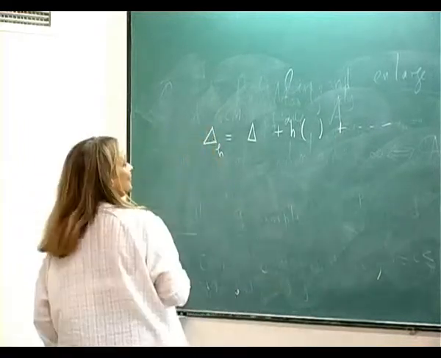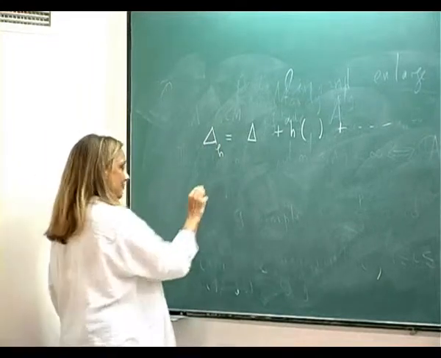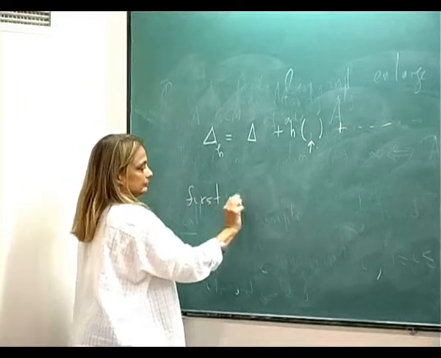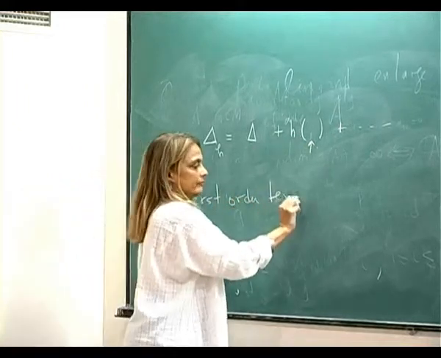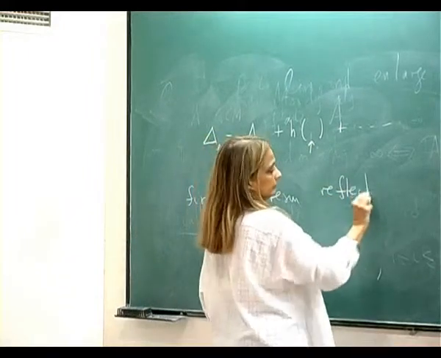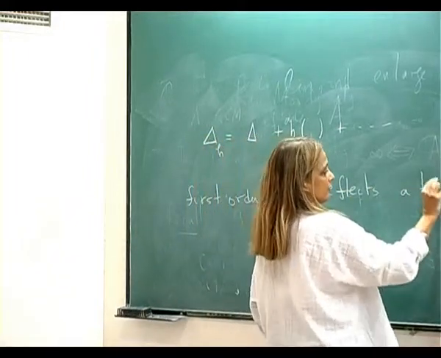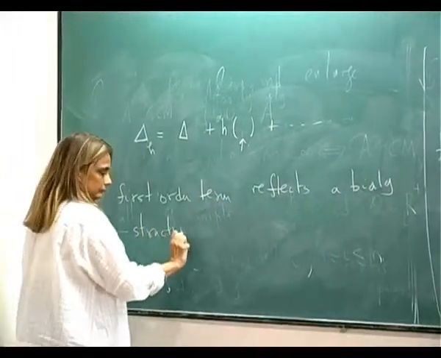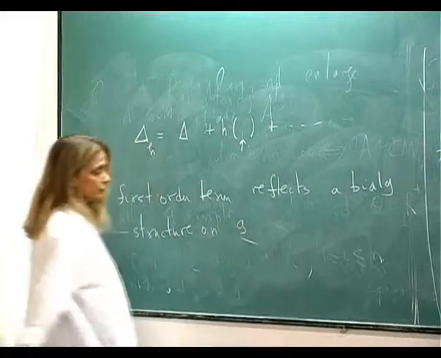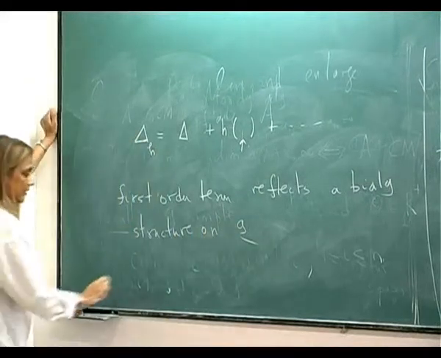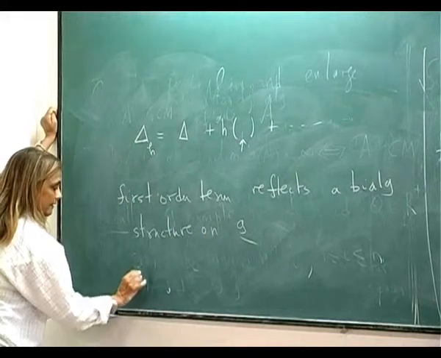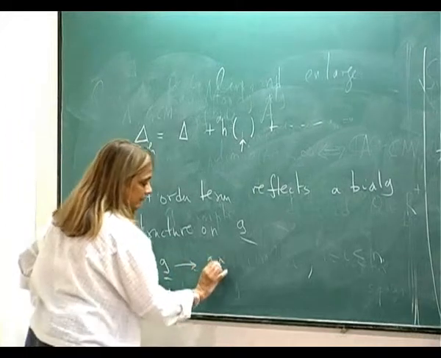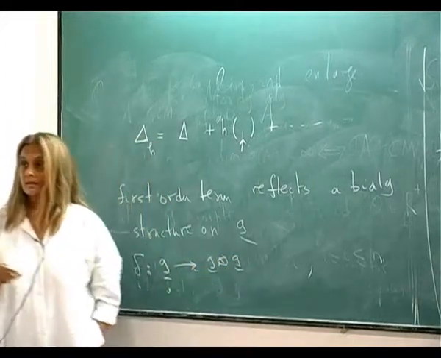It's been a while since I've had to justify this. This first order term reflects a bialgebra structure on g. So it's not actually on your enveloping algebra, it's actually on g. So what is a bialgebra? It's a map from g to g tensor g which has to satisfy certain properties.